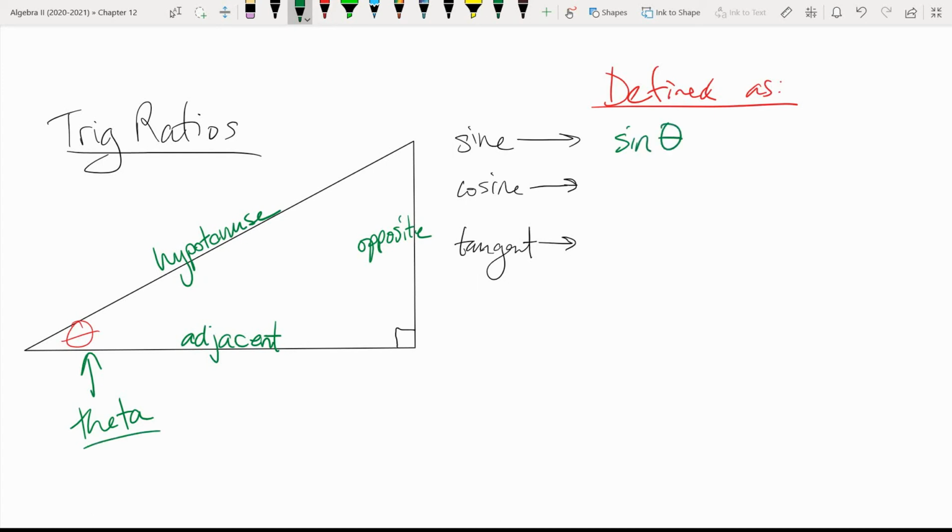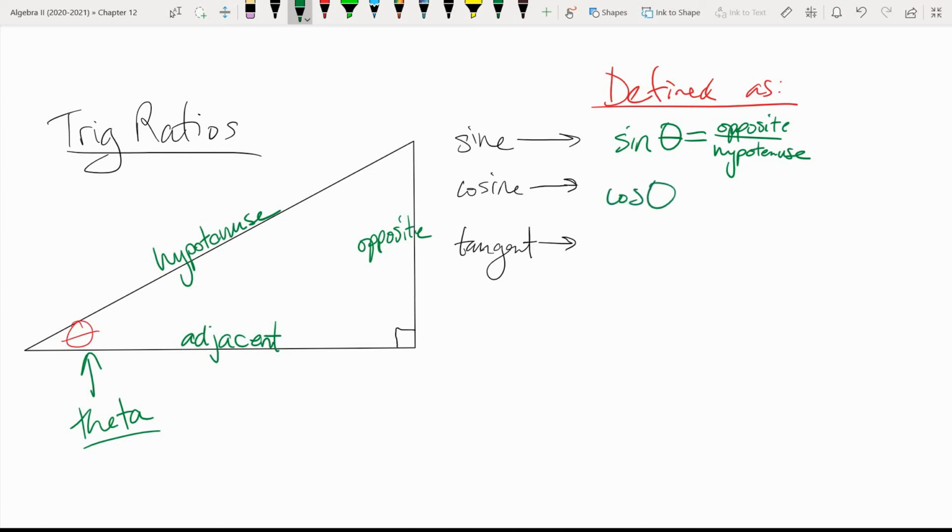The sine of angle theta is defined as the ratio of the opposite side divided by the hypotenuse. And I'm going to start abbreviating these after this. In other words, the side lengths. So it's actually two numbers divided by each other. So it's a ratio of two side lengths. That's what it's defined as, okay?